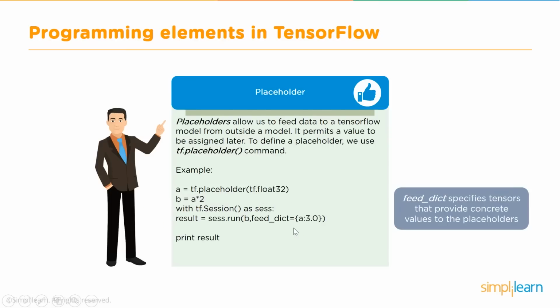So what is a placeholder? A placeholder is somewhat like a variable, but it is primarily used for getting data from outside. That was the idea behind creating the concept of placeholders. Now, what is the difference? Typically, when you're performing a deep learning exercise, you cannot get all your data in one shot and store it in memory because that will become huge. So you typically get your data in batches.